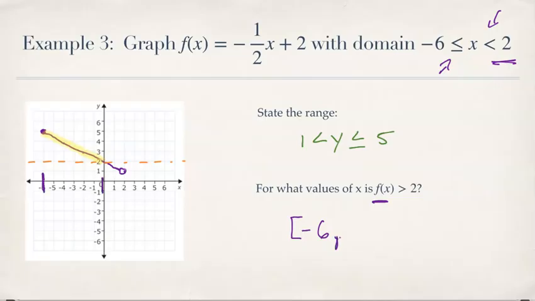And then it is greater than 2 until 0. And at 0, it equals 2. And this is not inclusive, so this is an open parenthesis right there. All right, so for what values of x is f of x greater than 2? It's greater than 2 from -6 included to 0 excluded, because I'm not allowed to equal 2. And that is that answer.